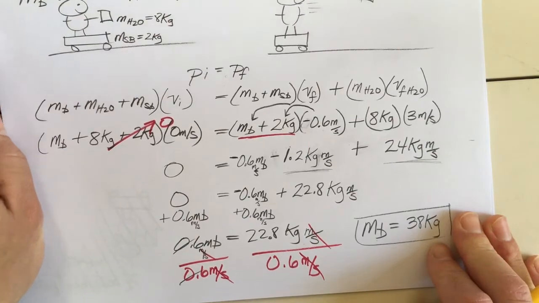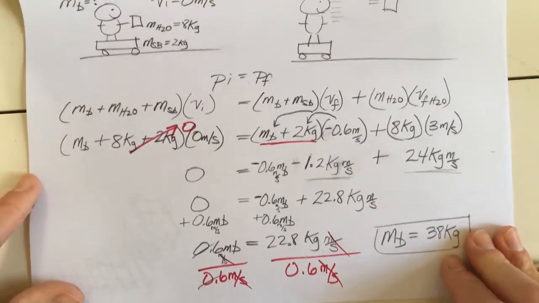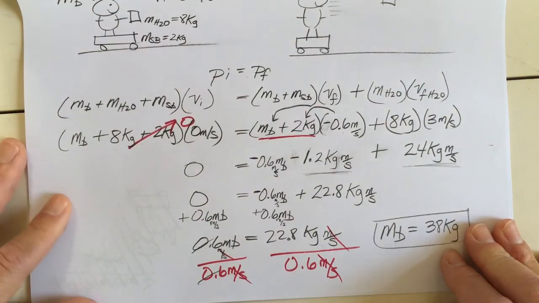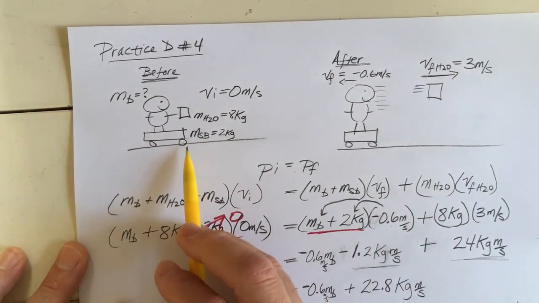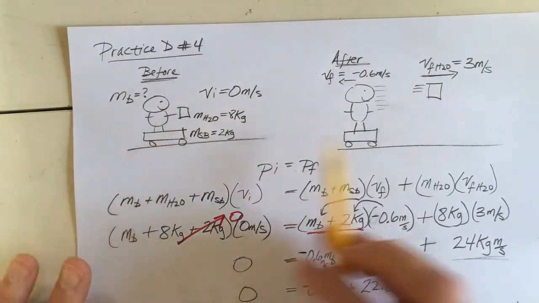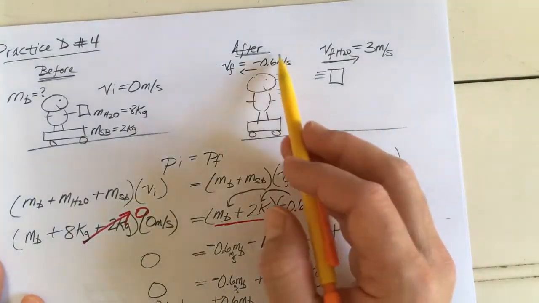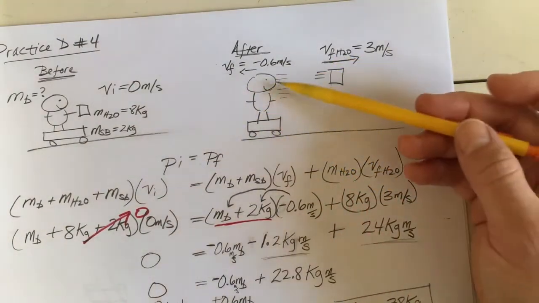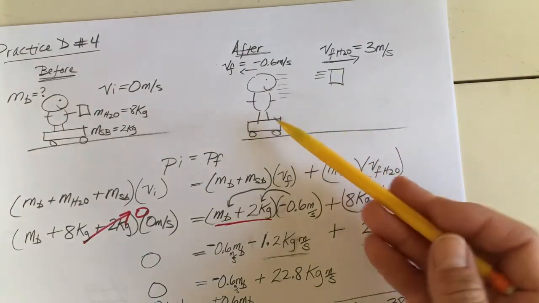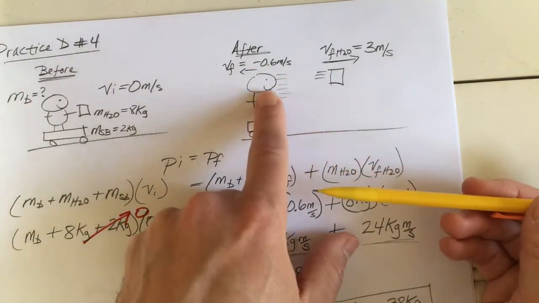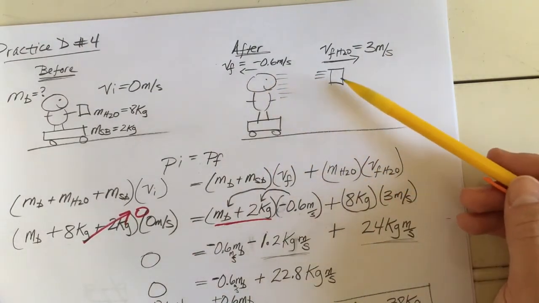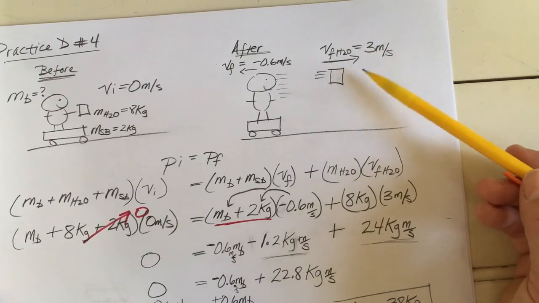So that's it. Also just a little bit more algebra in this problem, but same deal as before. Momentum is conserved. Initially, there was zero momentum because nothing was moving. And so finally, there was still zero momentum: the momentum to the left, the heavier object, the boy at 38 plus the skateboard at 2, the 40 kilogram object moving to the left at a slower velocity, is equal in momentum to the lighter object, just the water, moving to the right at a faster velocity.